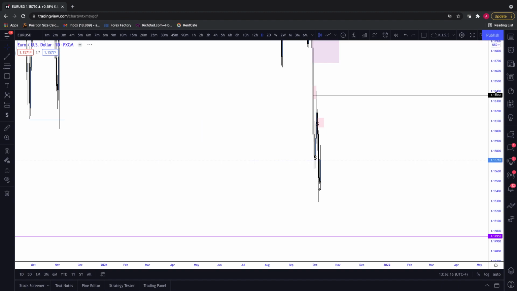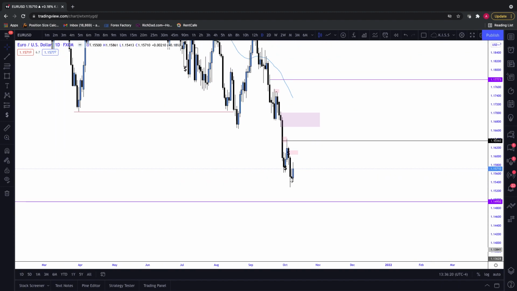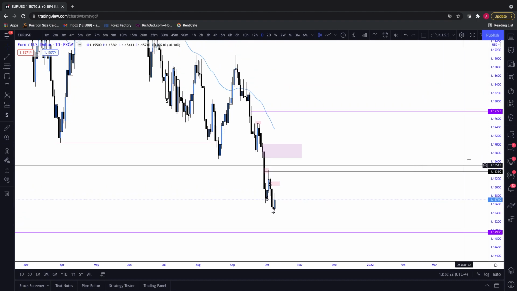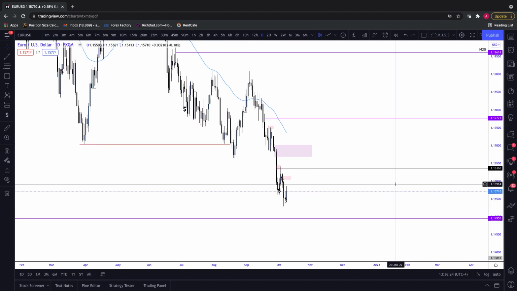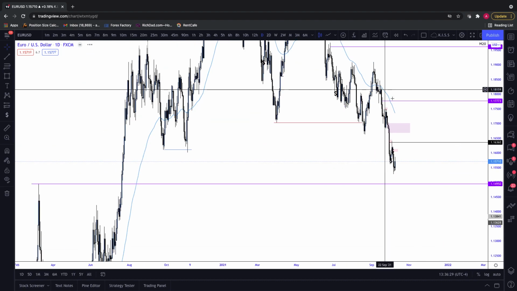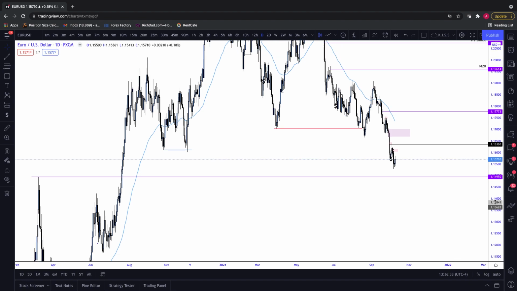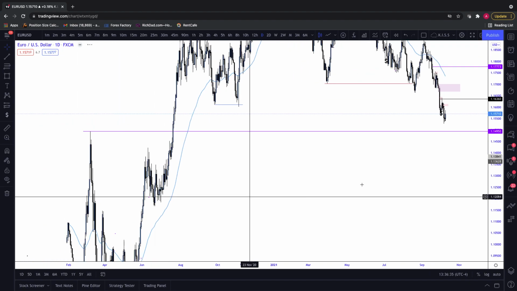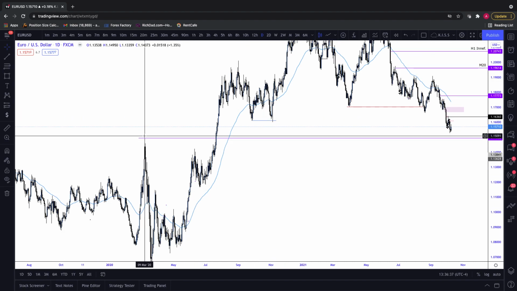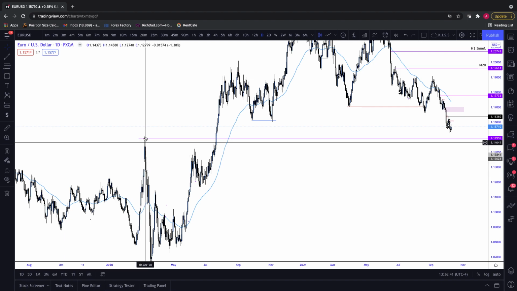Now, if you go back and listen to old episodes of Smart Money Sundays, or if you've been following the series in the past, you will know that for a very long time I have been screaming Euro USD to 1.15, really 1.1495, the old high within market structure that was created before the COVID sell-off.